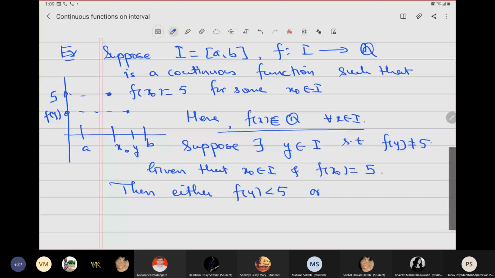Suppose f(y) is less than 5. Any one of them is fine. So f(y) is less than 5.